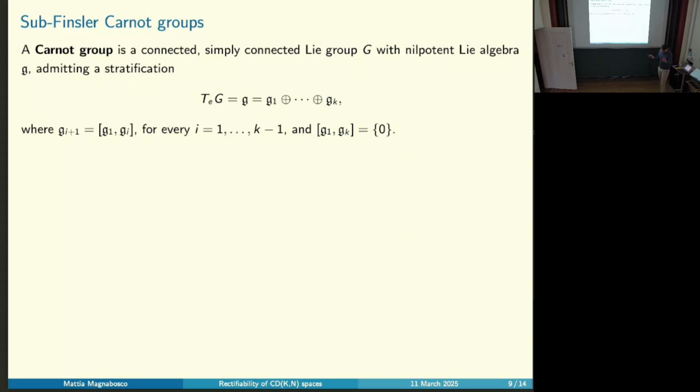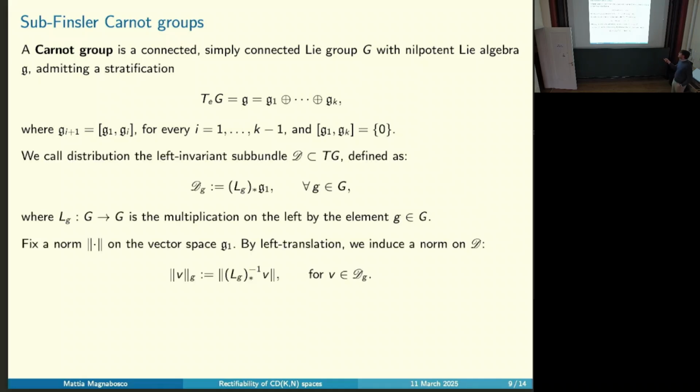Whatever, so this is the proper definition, but the important thing is that once you have this structure, at every point you can define a left invariant subbundle D, which is called the distribution, and you can define it using the left multiplication of the group. So the result of this construction is that at every point in the tangent space we will identify a subspace of the tangent that will be our set of nice directions.